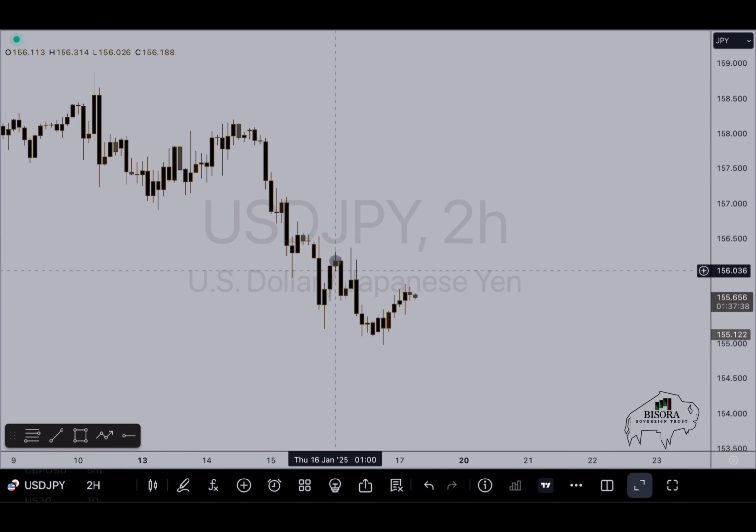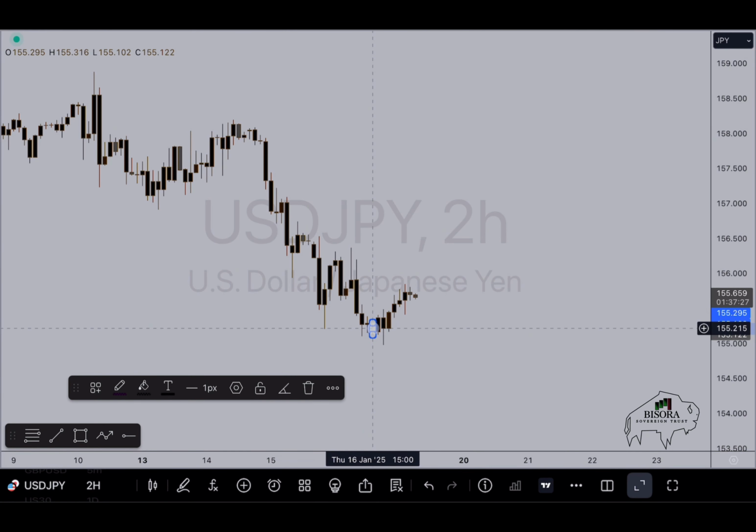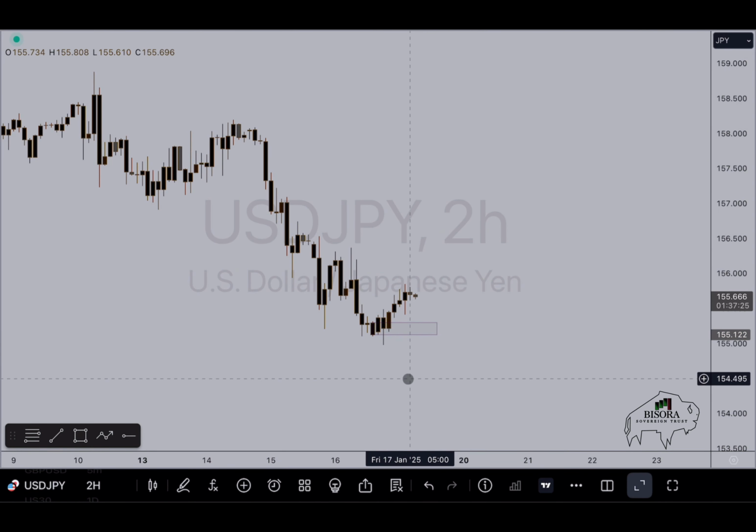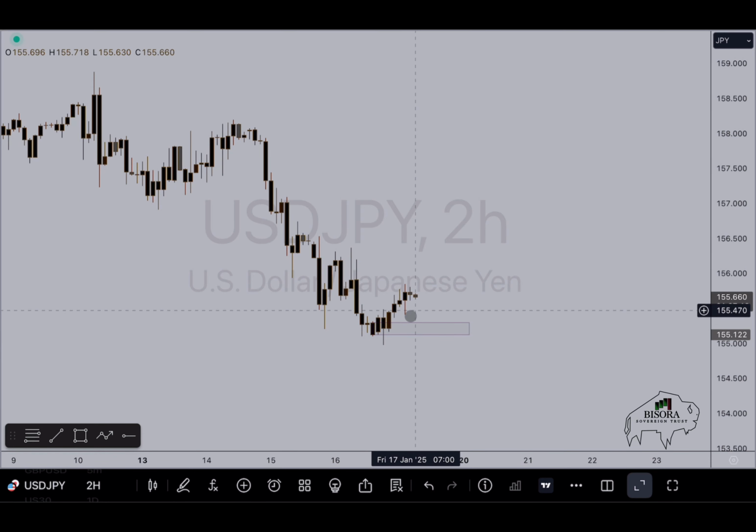And we have a pendulum forming right here, which would give this as our pivot. So I'm going to go ahead and highlight that, drag it out a little bit in time, and we can clearly see we did not even return to this level yet for our first touch.